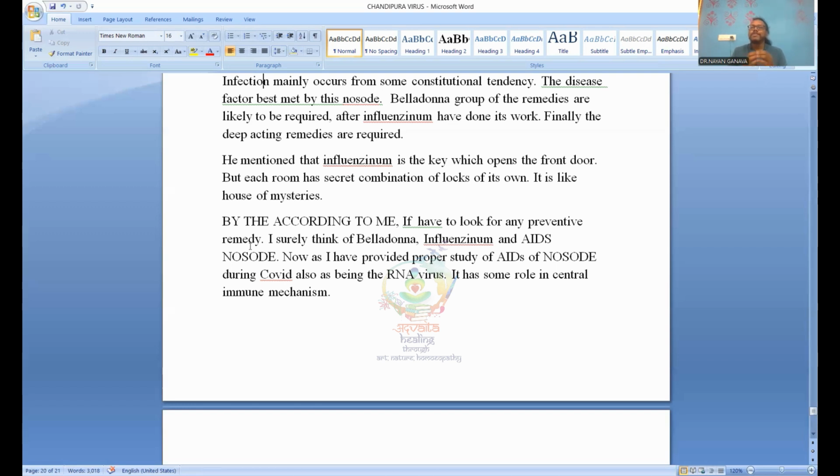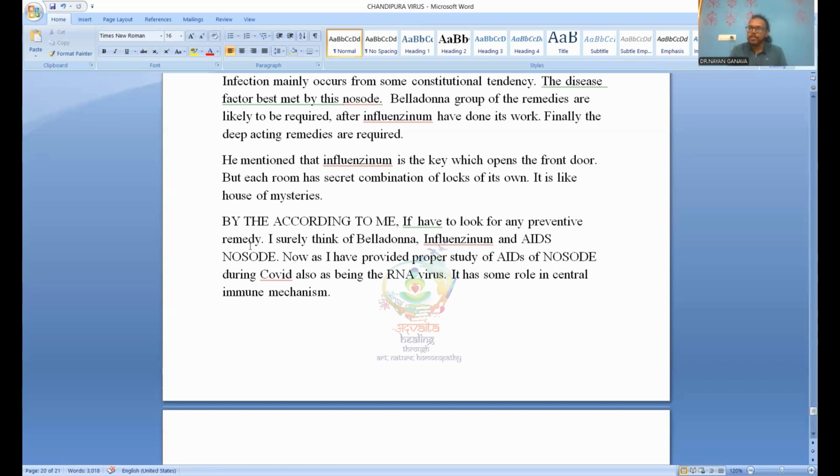So this is all about Chandipura vesicular virus infection and how we homeopaths can help those cases, what our old masters and modern masters have said regarding encephalitis and associated symptoms or encephalitic syndrome. Okay, so these are all the remedies which can be very useful in treating Chandipura vesiculovirus infection.